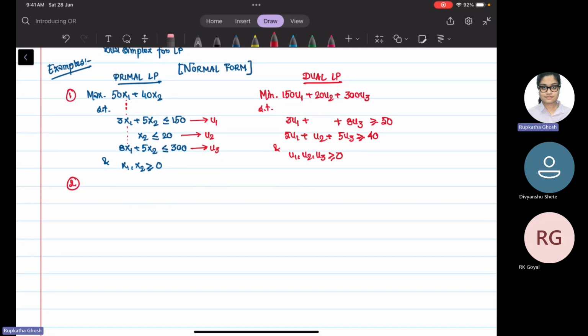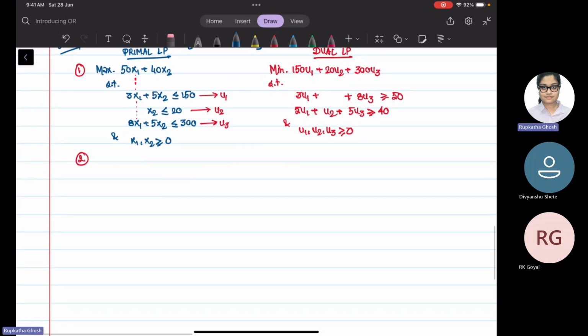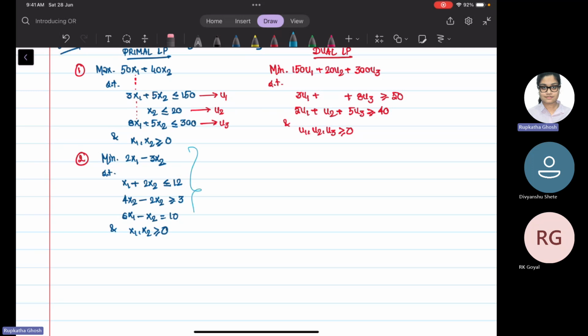Now the second example that I'm giving is minimization of 2x1 minus 3x2 subject to x1 plus 2x2 less than equal to 12, 4x2 minus 2x2 greater than equal to 3, 6x1 minus x2 is equal to 10, and x1 and x2 is greater than equal to 0. So can you tell me why is this not normal?